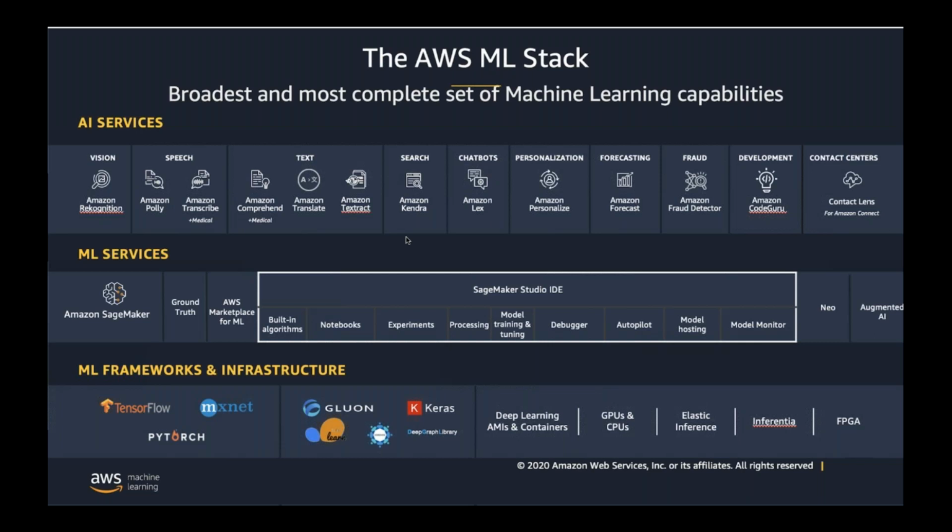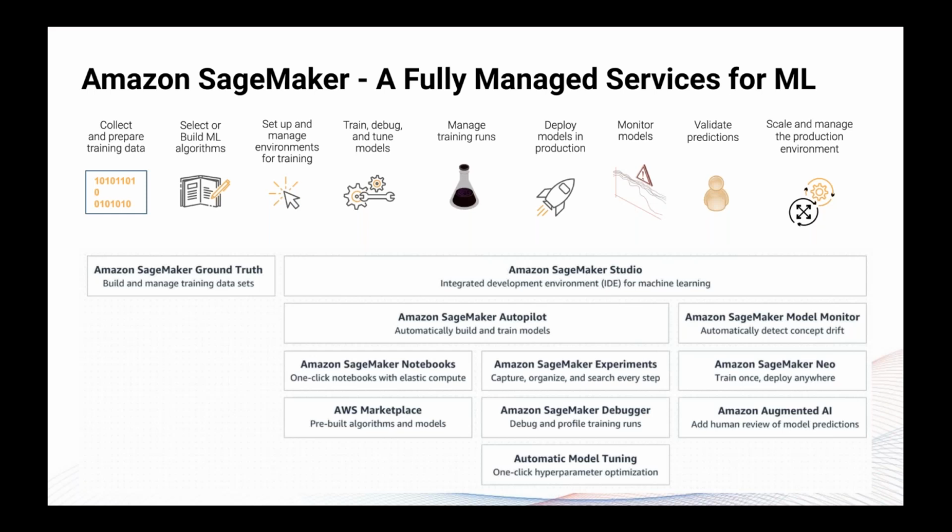So for the next slide, if you look at SageMaker, I already touched on some of the different components, but the lifecycle for machine learning starts with data collection and preparation. We have a tool called SageMaker Ground Truth, which allows you to do data labeling and annotation for tabular, computer vision, and natural language processing data sets cost efficiently.